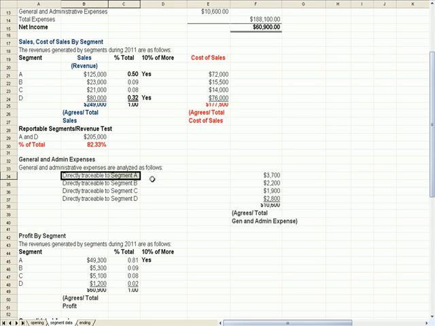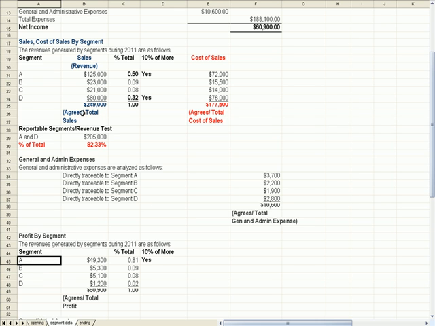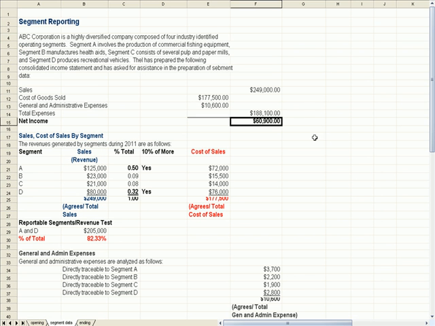So for example, directly traceable to A is $3,700. So if I need to find profit for segment reporting, my profit for A is 125 in sales, less 72,000 cost of sales, less 3,700 general and admin. That's how I got 49,300. And it turns out that 49,300 is about 81% of our total profit, and that total profit number 60,900 adds up to the total net income right here.